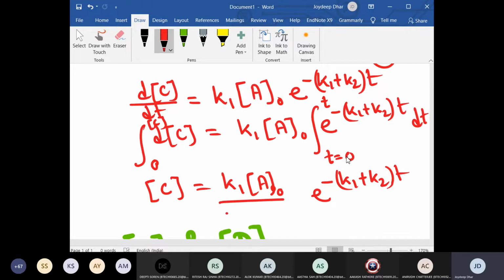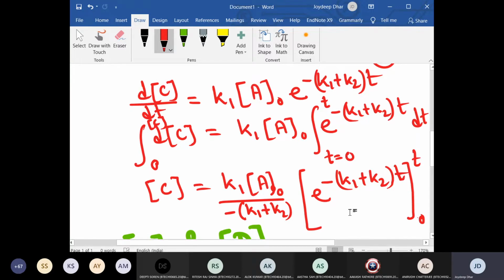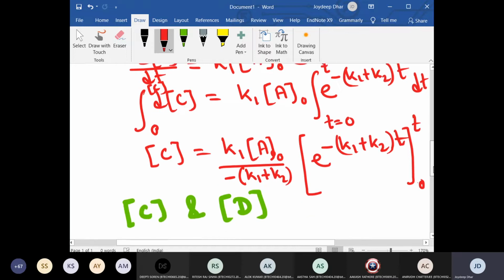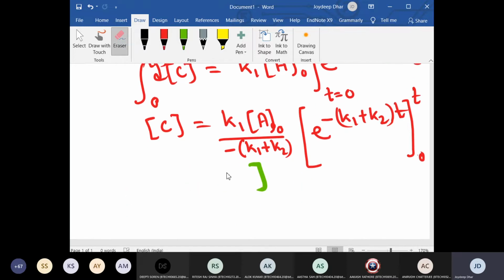So I am taking out of the bracket the integration limit t equal to 0, t equal to t. Okay, fine. If I make any mistake, please indicate or suggest. So now you put time, one time it is 0, one time it is t.